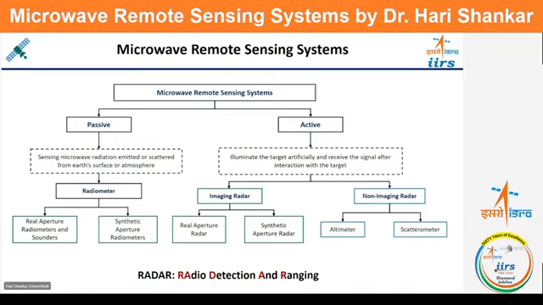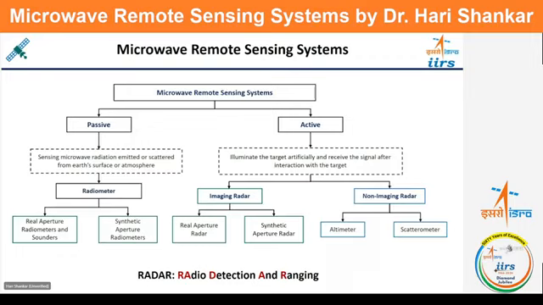So that is basically the disadvantage. But the advantage is these radiometers are very sensitive to the surface emissivity. So if you are multiplying the emissivity of the surface with the temperature of the surface, so emissivity is E, into T, the temperature, then it is basically giving the brightness temperature of the surface.